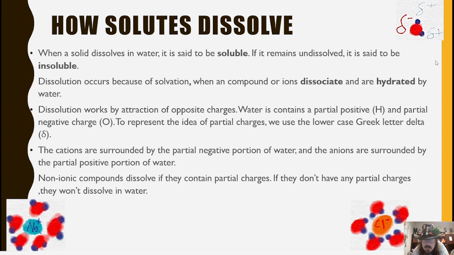First, before we get into precipitation reactions, we have to understand how a solution actually forms. What does it mean to be aqueous? Well, when a solid dissolves in water, we call that solid soluble. So just some quick terminology. If it were to remain undissolved, it is said to be insoluble.